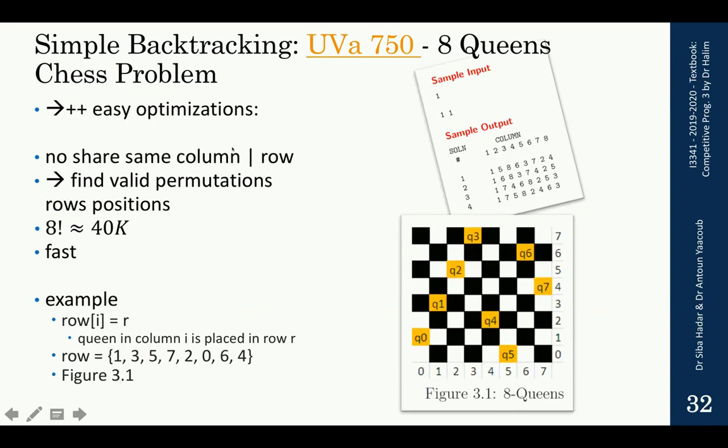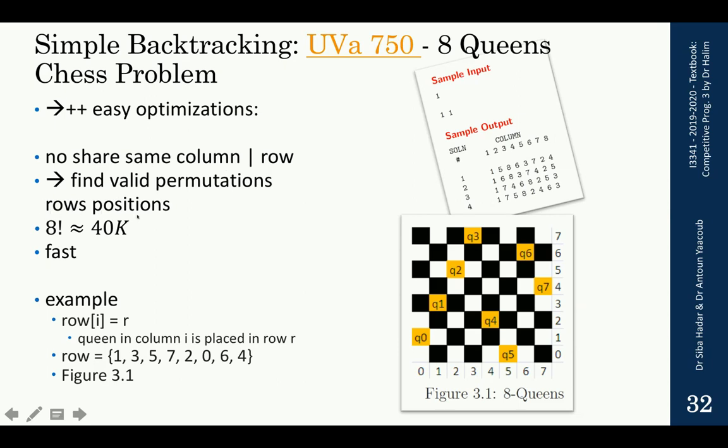So we continue thinking, and we say that because we want no attacks, no 2 queens can share the same column or the same row. So you find the permutations for rows.